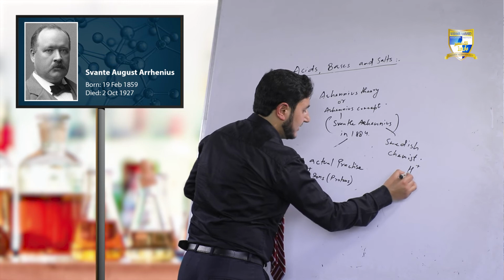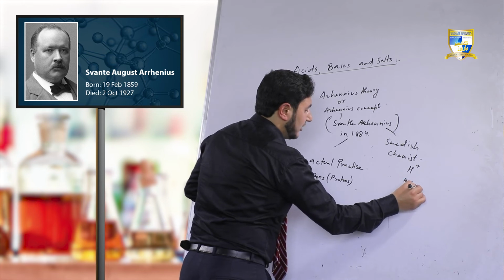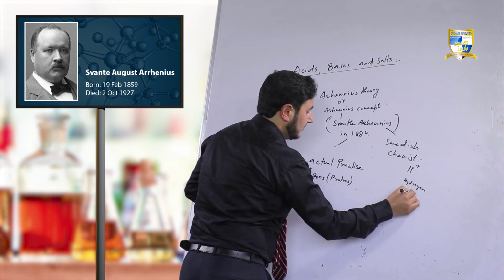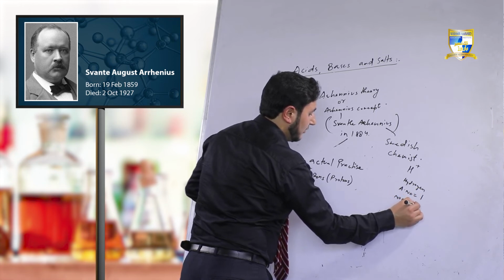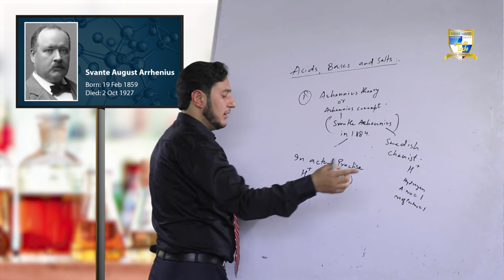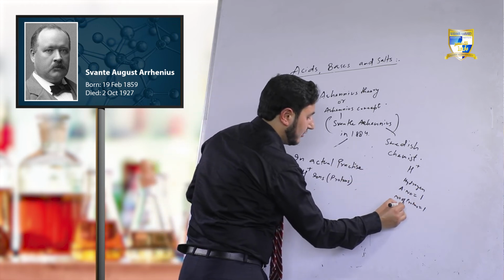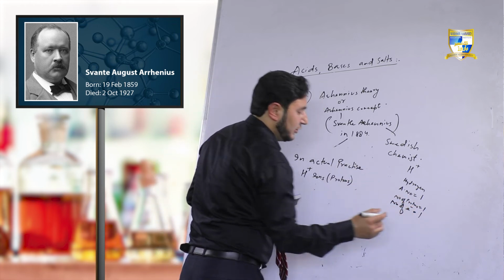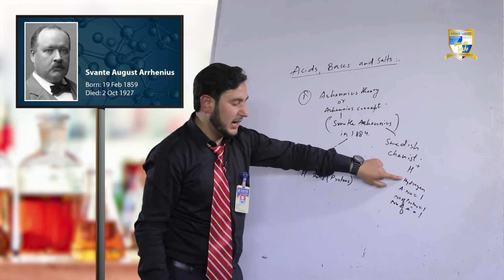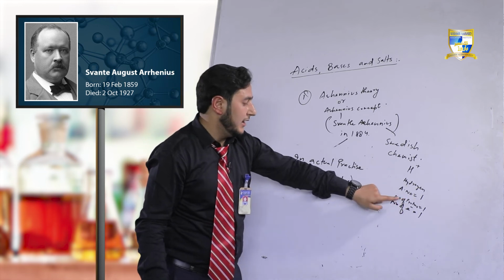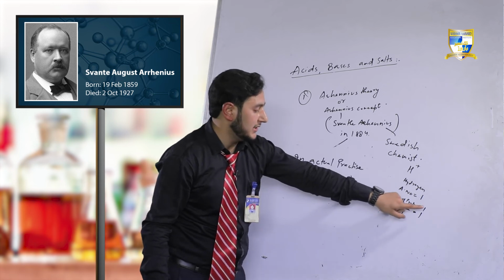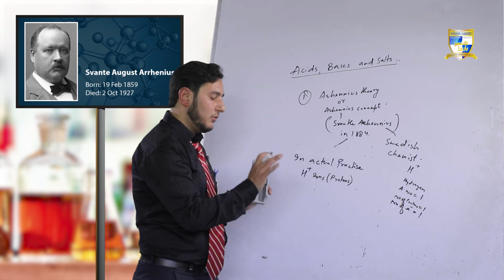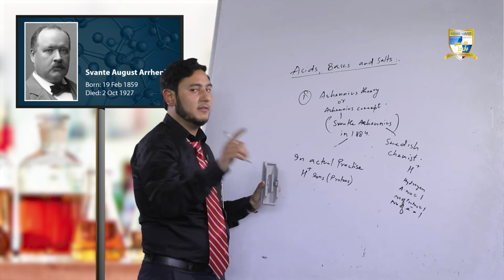H positive, it is hydrogen, its atomic number is 1, that means number of protons is equal to 1. For an atom, we know number of protons is equal to number of electrons. Again I am repeating, hydrogen, atomic number 1, number of protons 1. For an atom, number of protons is equal to number of electrons. So hydrogen atom basically has 1 proton and 1 electron.